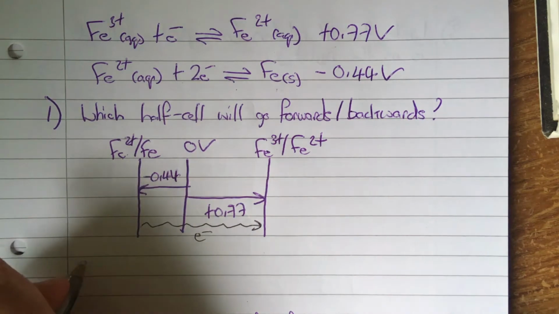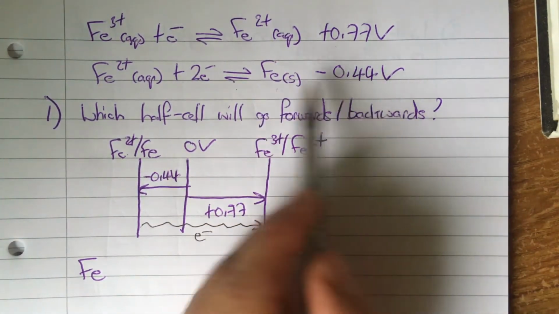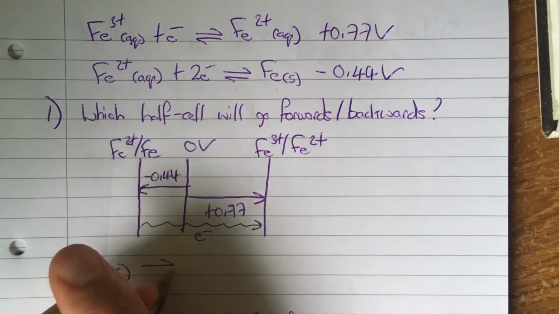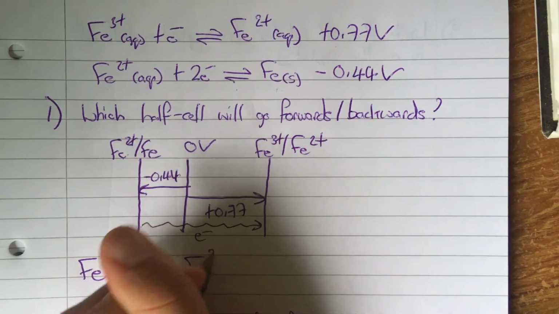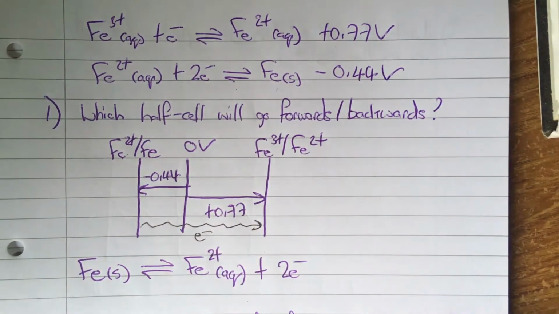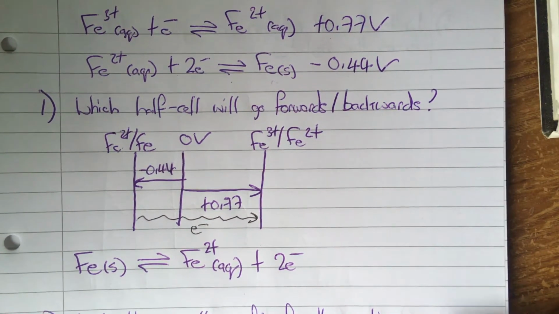So I'm going to reverse this bottom half cell to make it go in the right direction. Iron solid is going to be oxidized to iron 2+, and it's releasing 2 electrons there. That's all I need to do to answer that question.